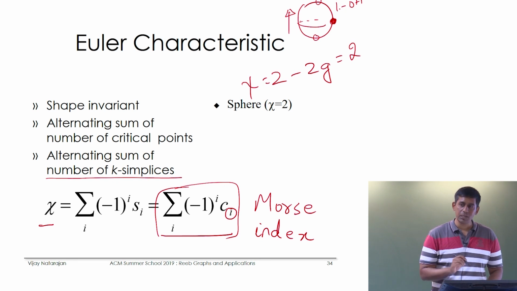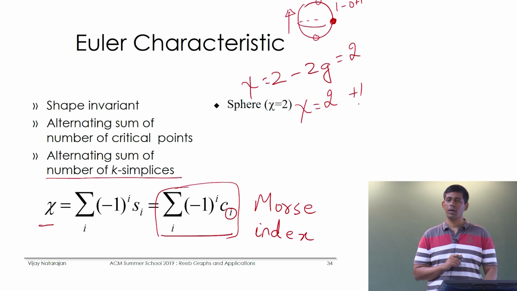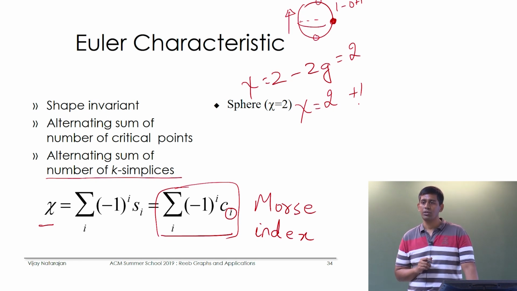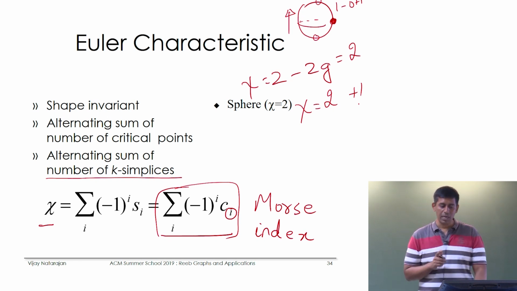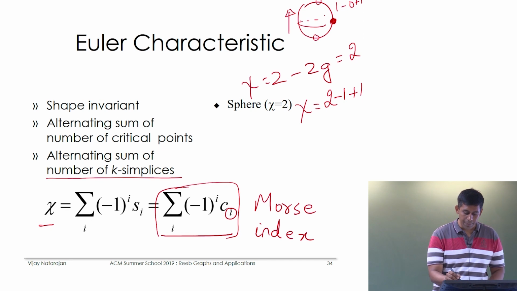Now, what this result is saying is, chi is the number of minima, 2, we have the number of maxima is 1. So, what does that tell you about the saddles that should be there? This is saying that there should be a saddle, right. And that saddle will happen to be somewhere here, somewhere in the middle. So, these guys will merge here.